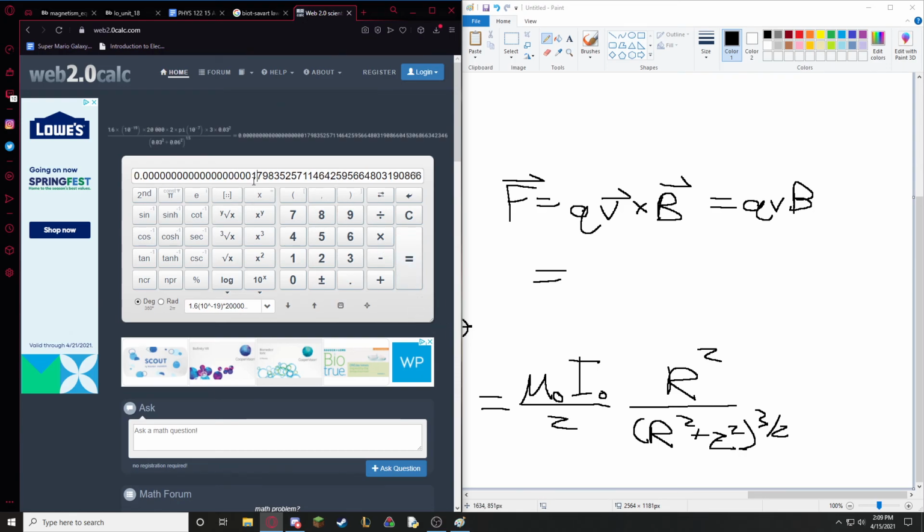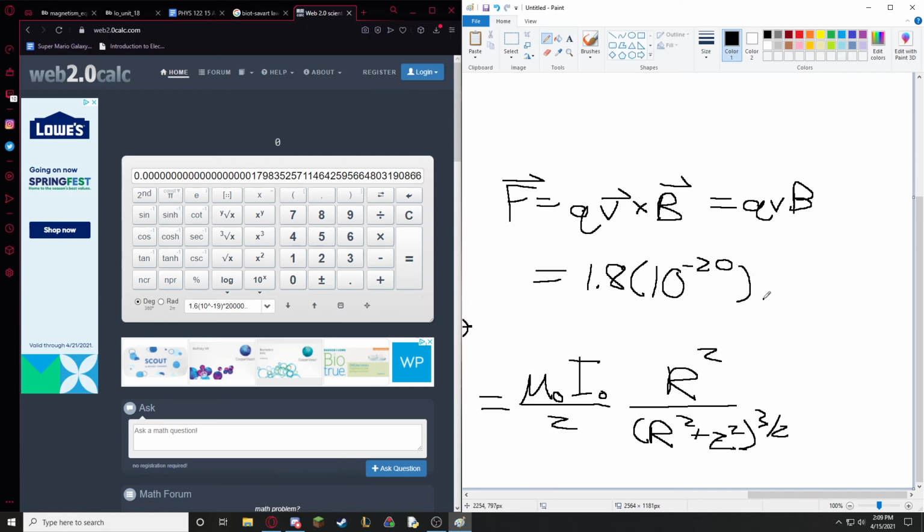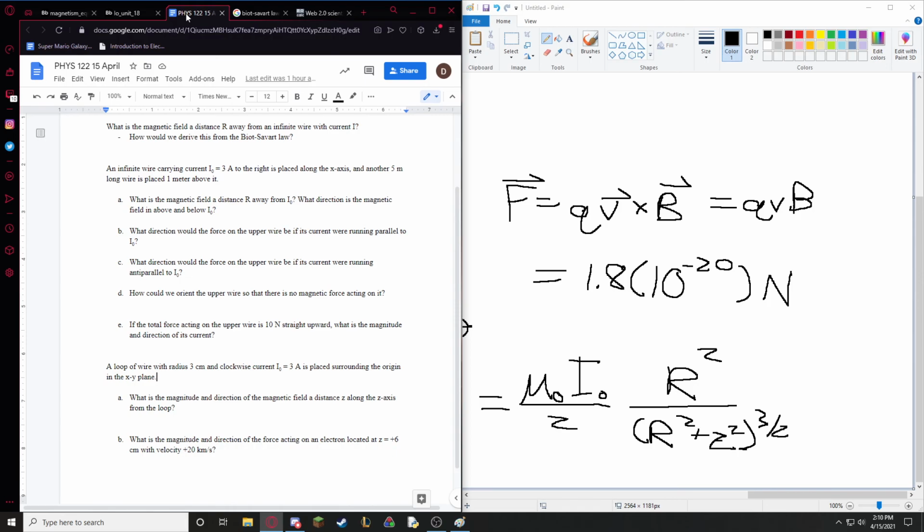Plug it all in. We get a force on the electron of about 1.8 times 10 to the negative 20 newtons. That's a really, really small force. But it's still going to accelerate the electron a lot, right? Because what's the mass of an electron? Like, what order of magnitude is the mass of an electron on?